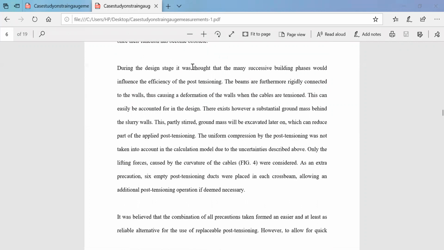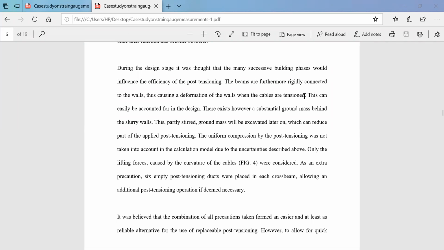During the design stage, it was identified that many successive building phases would influence the efficiency of the post tensioning. The beams were furthermore rigidly connected to the walls in order to overcome this, and it resulted in a deformation of the walls when the cables are tensed.